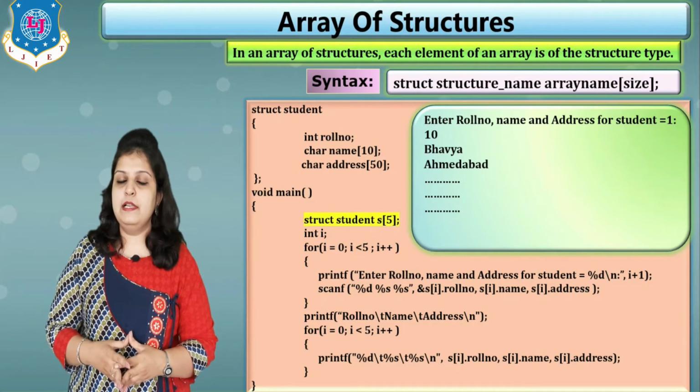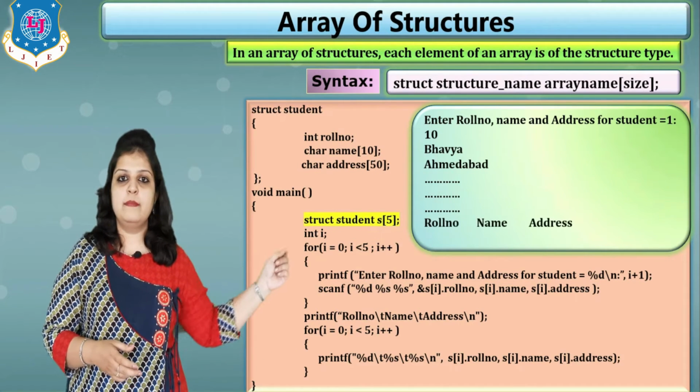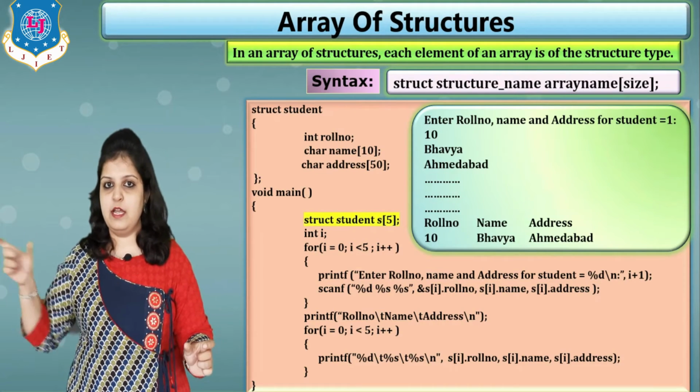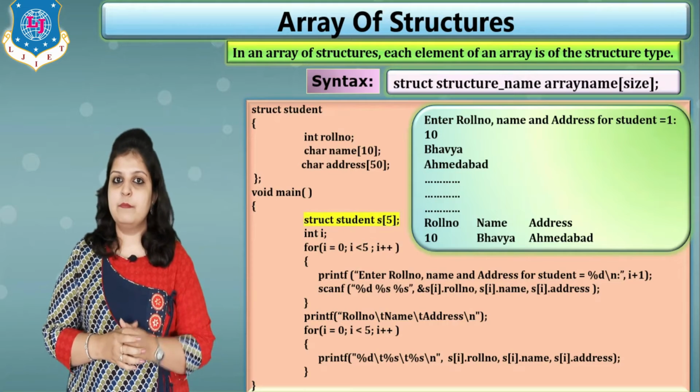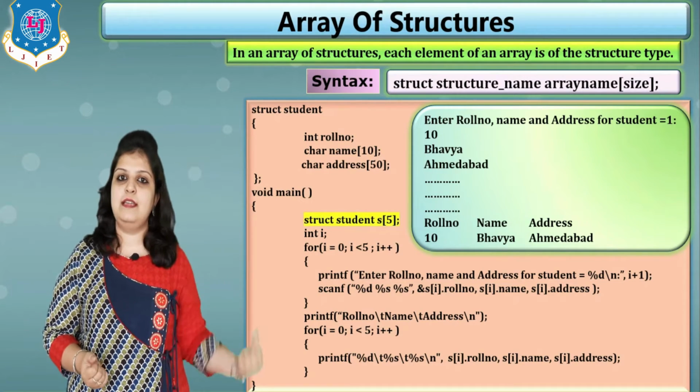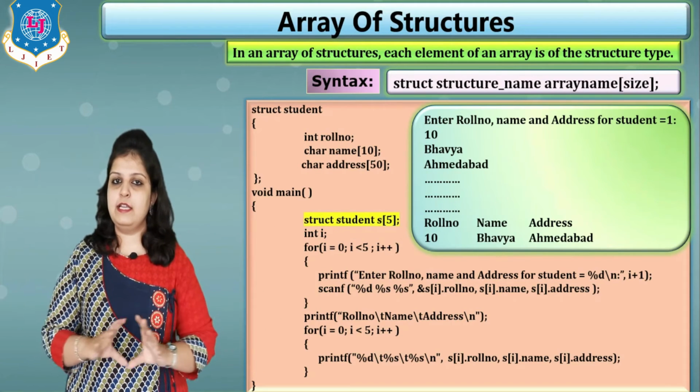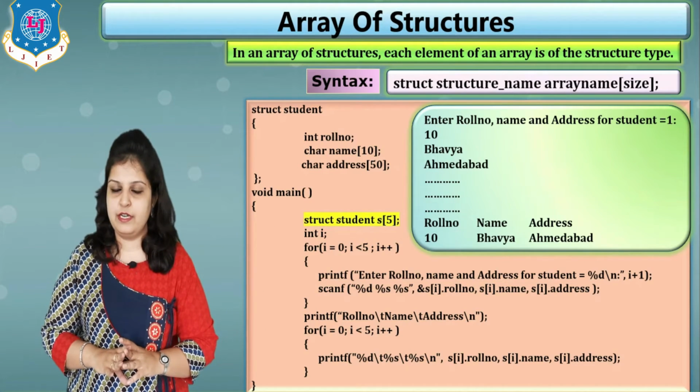At last we will get the output like roll number, name and address, where roll number is 10, name is Bhavya and address is Ahmedabad. But when you execute the same code, you can enter data for 5 students and get it printed for all 5.